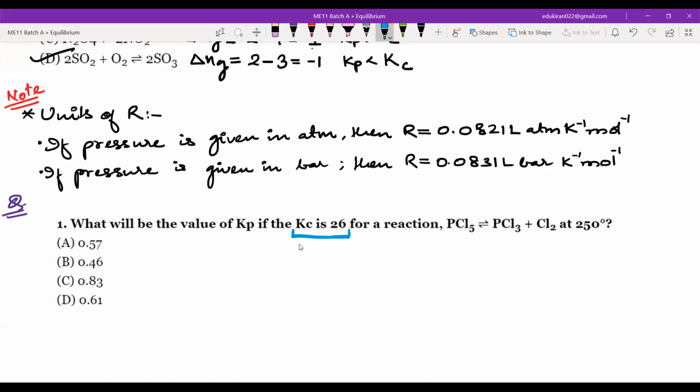So you have to calculate the Kp for this reaction. You have the relationship: Kp is equal to Kc, 26 here, into RT to the power delta Ng. First of all, you have to calculate the delta Ng. So calculate the delta Ng and tell me in the chat what it is.